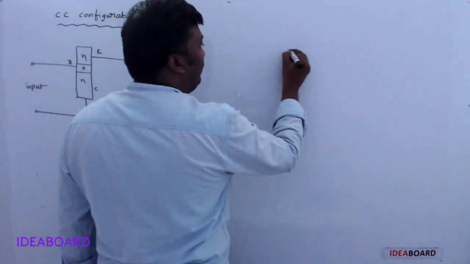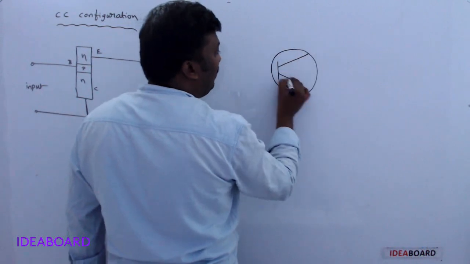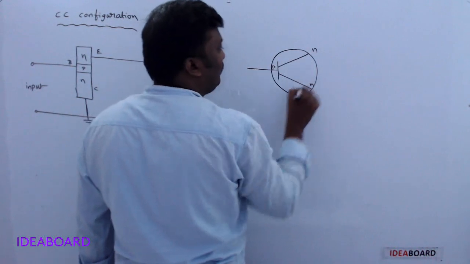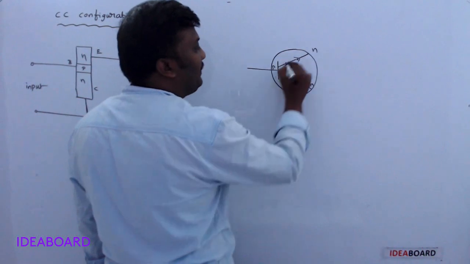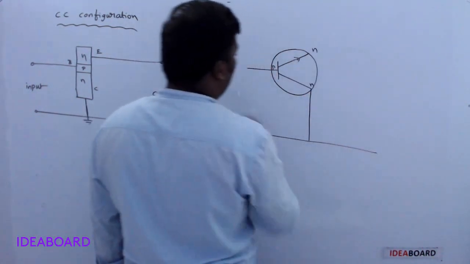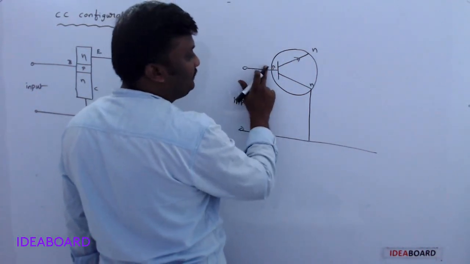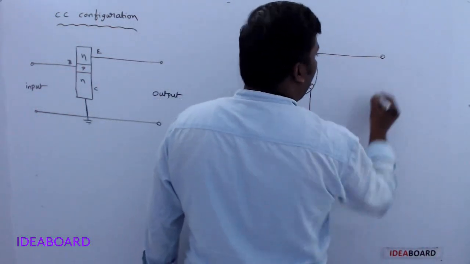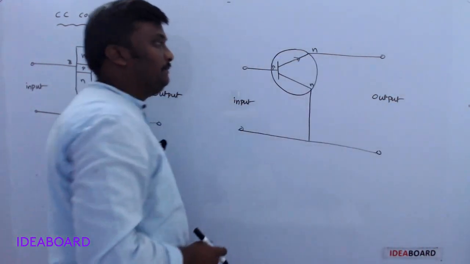Okay, so if you take one NPN transistor, this is collector now. So input is taken across base and collector, output is taken across emitter and collector.